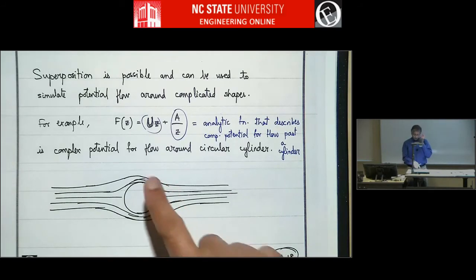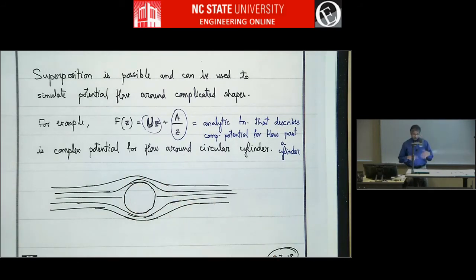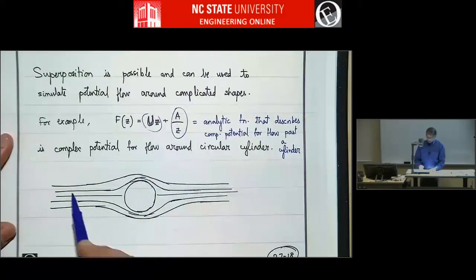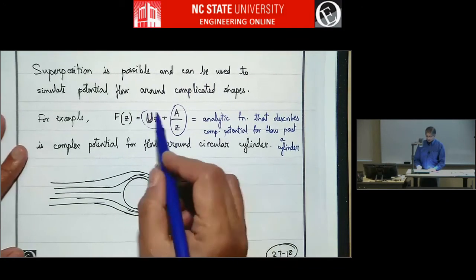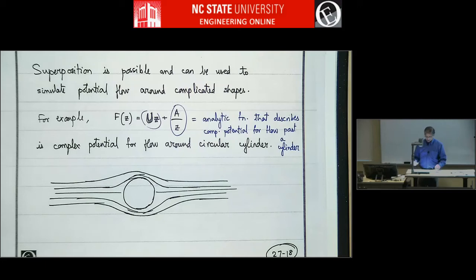In fact, if you go and plot this in MATLAB for various values of z, the imaginary part will turn out to be these streamlines, which is cool. It's just like one simple equation and you're getting the streamlines past a circular cylinder.